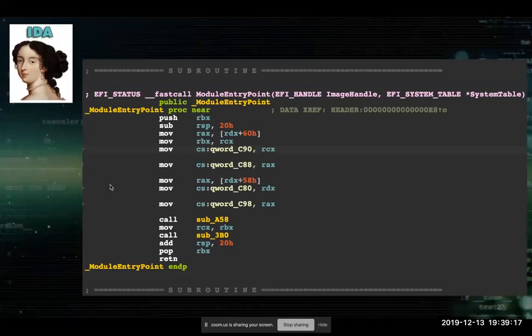In IDA Pro, some pre-analysis features are built in, which actually provide you the UEFI system table, UEFI handles, and a lot of known generic structures. Analyzing in IDA is much more natural and easier for DXE drivers and other UEFI stuff.